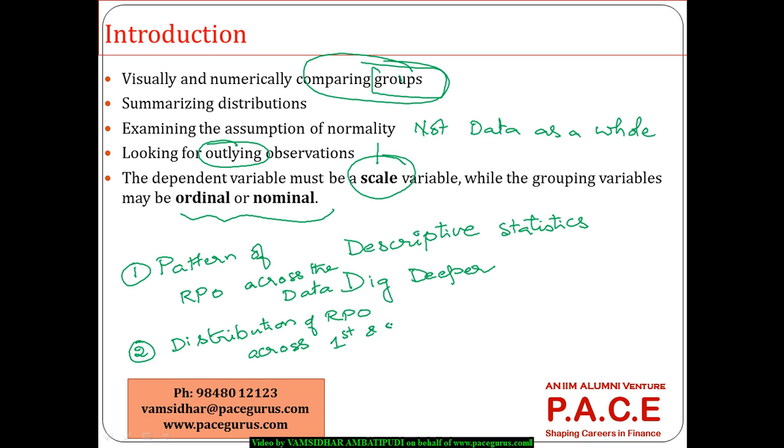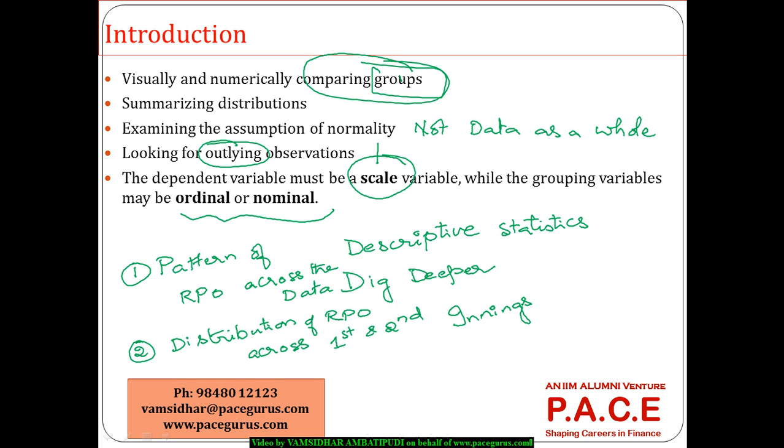That is what we are calling dig deeper. Is the pattern the same across the first and the second innings? That is the important thing we are more concerned with.